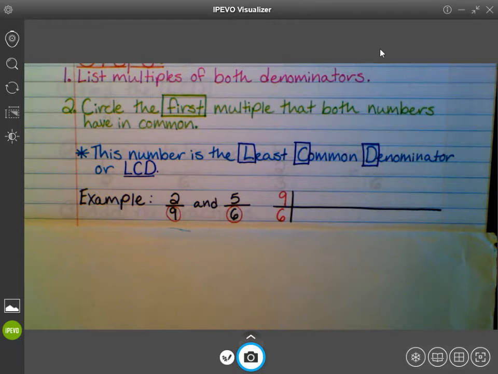I'm going to remind you that in your planner, you have a multiplication table. If you are someone who has a really tough time figuring out multiples in your head, for homework, for this step, you can pull up that multiplication table and look to see what your multiples of 9 and 6 are.